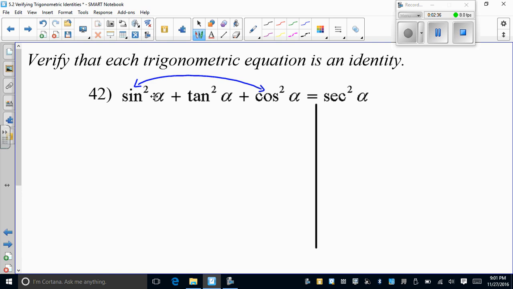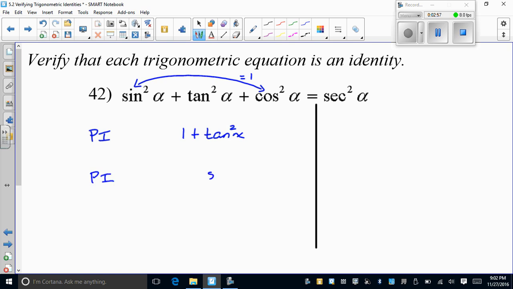So this gives me 1 plus tangent squared. I use the Pythagorean identity to get there. And 1 plus tangent squared, using again another Pythagorean identity, is equal to secant squared.